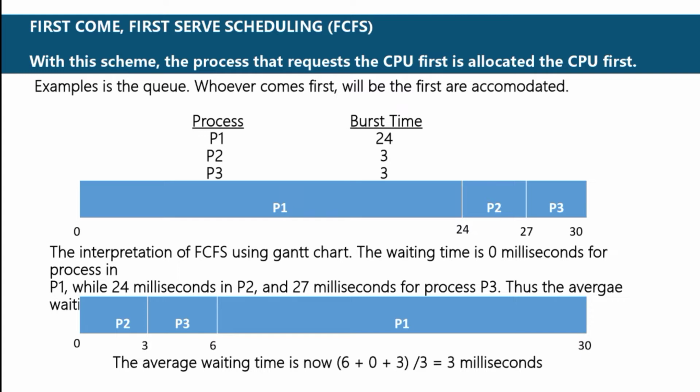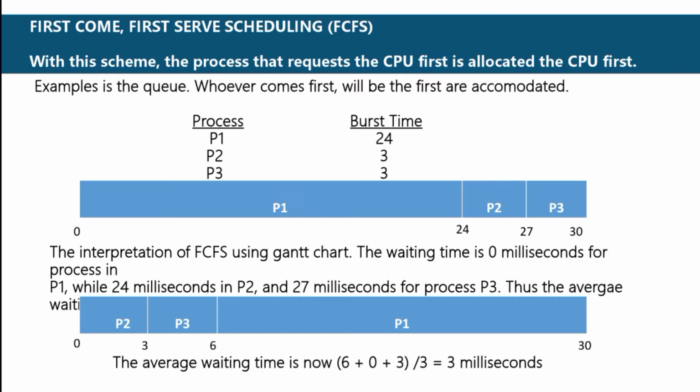There are different types of CPU scheduling algorithms, and the first one is first come first serve scheduling, or FCFS. With this scheme, the process that requests the CPU first is allocated the CPU first.